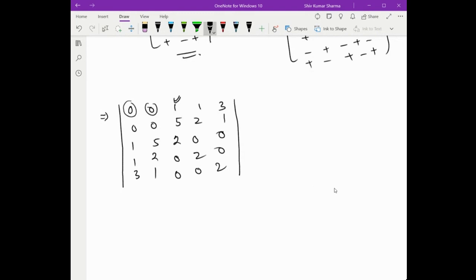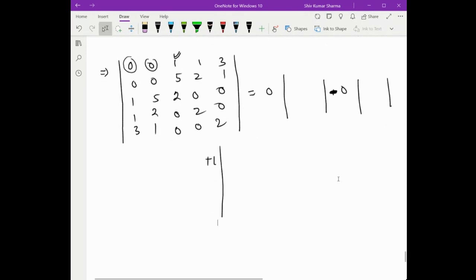So we write for this 1. For the 0 we use plus, the second one is minus and 0 with its determinant, and the third one is plus, meaning this third element. So the third one is plus 1. For this plus 1 what do we do?